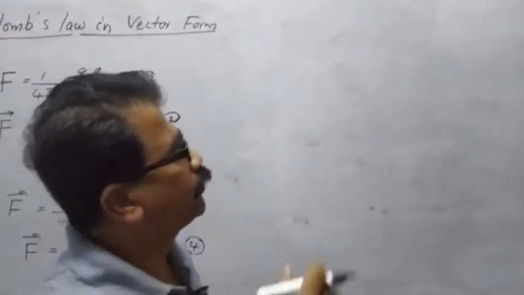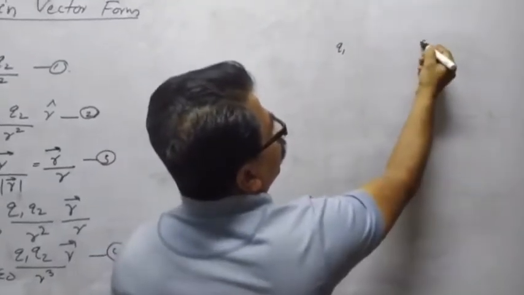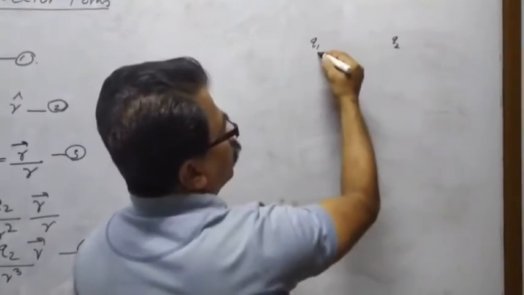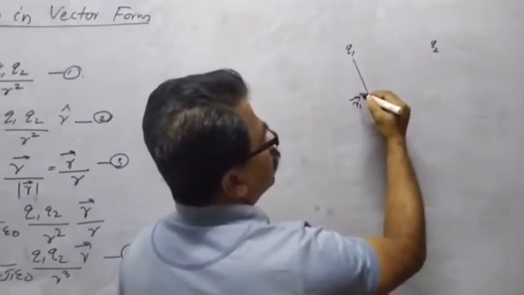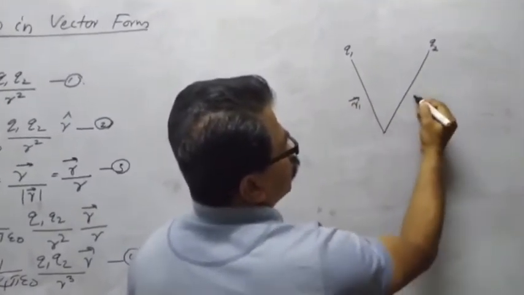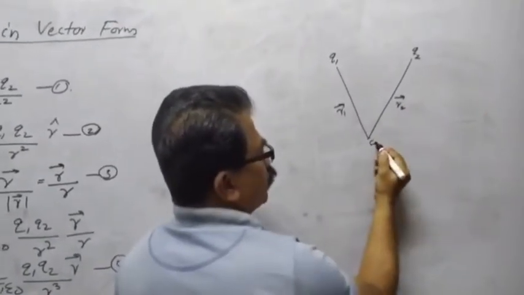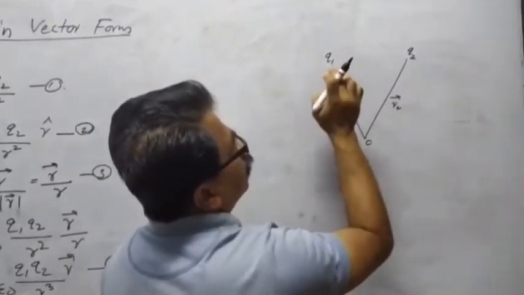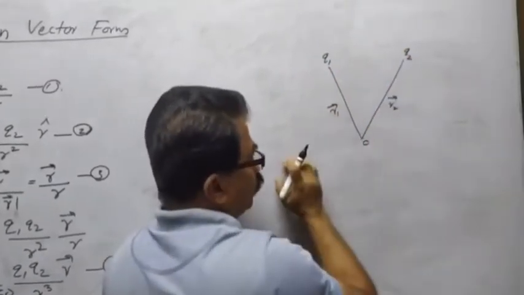For example, let q1 and q2 be the two charges, and let r1 be the position vector of the charge q1 and r2 be the position vector of the charge q2 from the origin O. The two charges may be positive or negative.